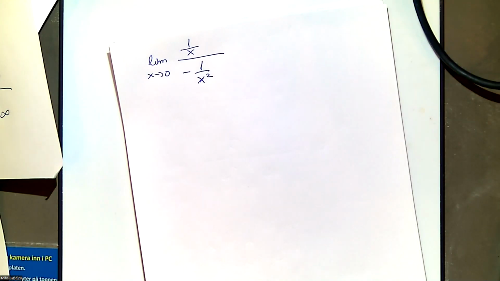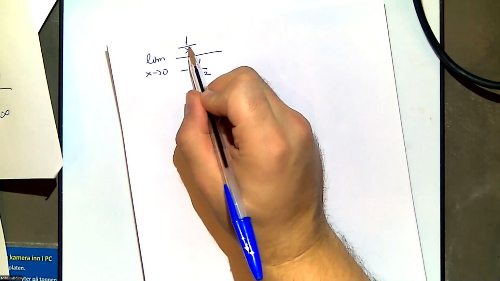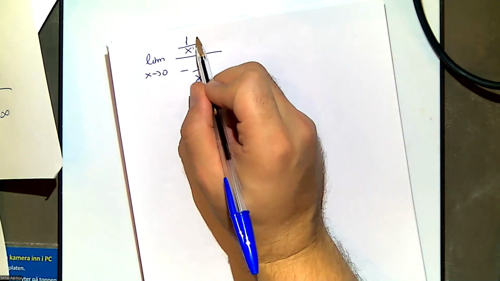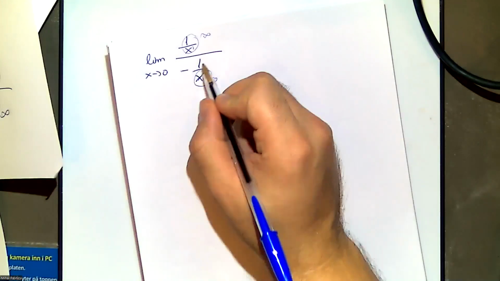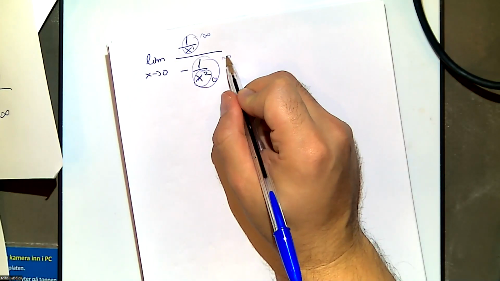Cool. So now, before I evaluate, that's why I say always evaluate and take a little bit of your time, because if I evaluate now, where am I at? I have 1 over 0, this is infinity. This is 0.